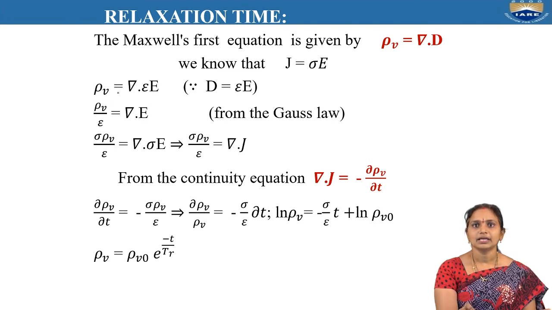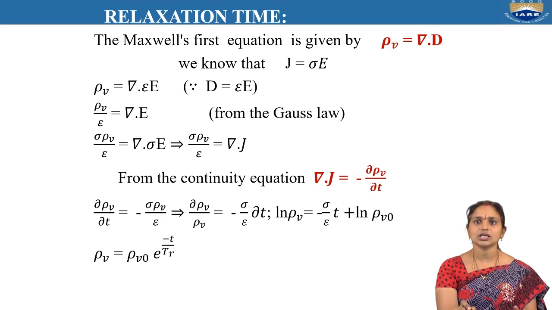Then by taking epsilon to the left-hand side, we get rho_v by epsilon equal to del dot E.